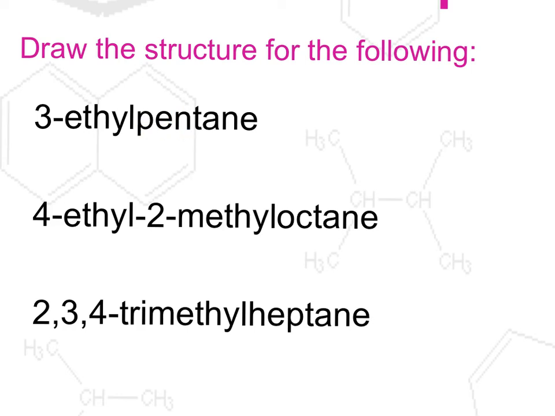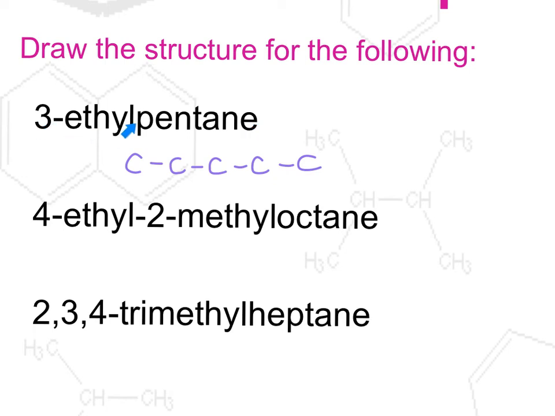So I'm going to draw 5 carbons. 1, 2, 3, 4, 5. Next, the ane tells me they're all single bonds. Great. Nothing to do about that. So I took care of the pentane part.